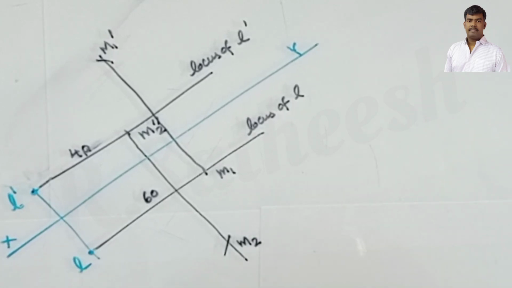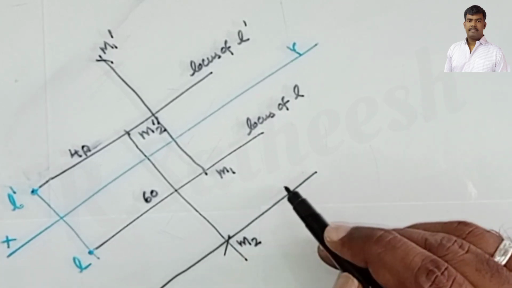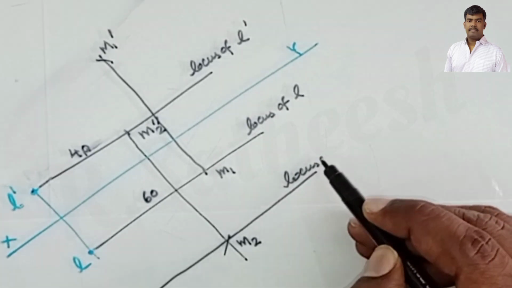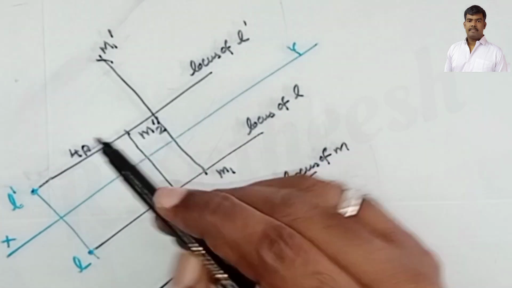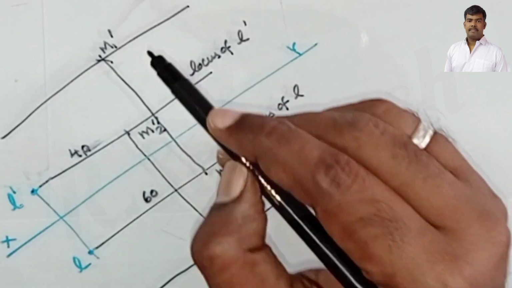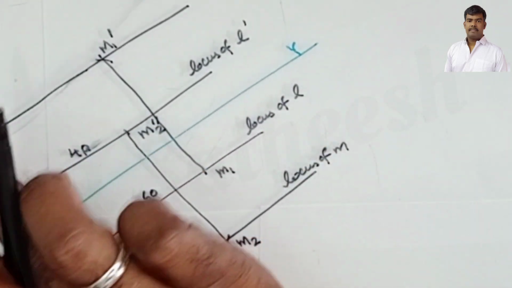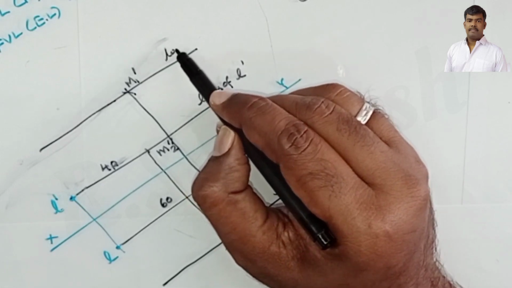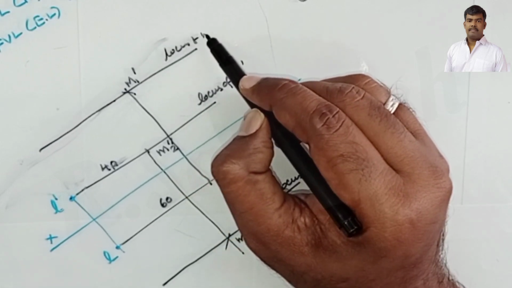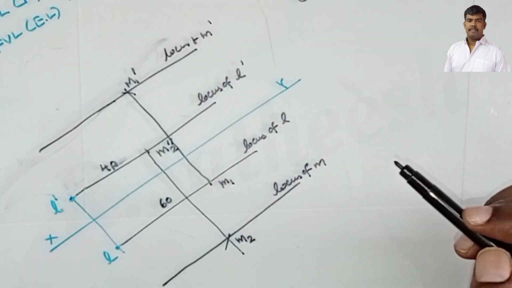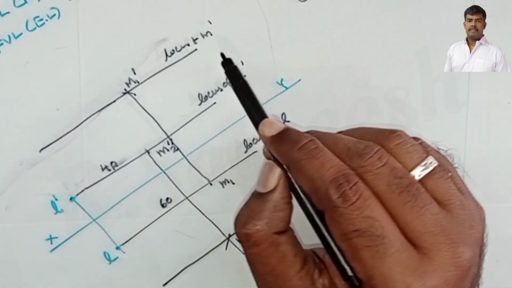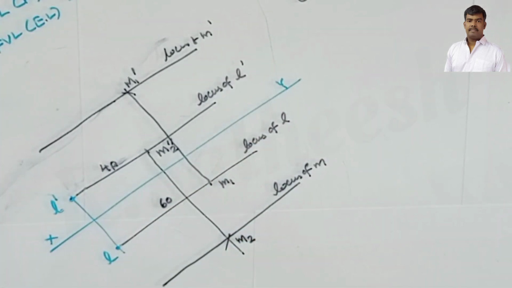Clear? So now this is the locus of M, and this is the locus of M dash. Now we know the locus of M dash and M, and the procedure is the same.